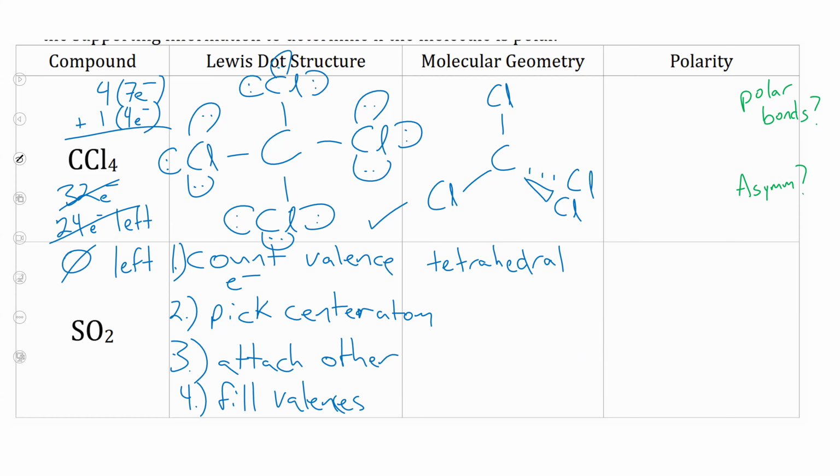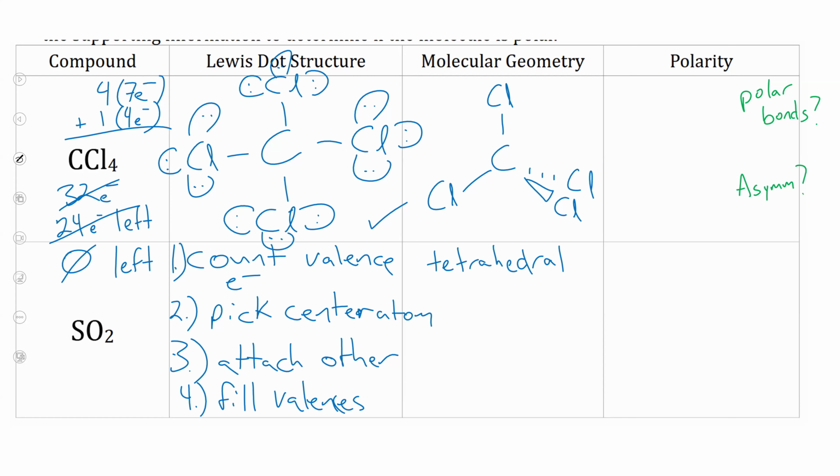Is carbon to chlorine a polar bond? How do we know? They share electrons, they're not the same electronegativity. Right, and it's greater than that. We said that our threshold for considering something polar was a difference in electronegativity of at least 0.4.